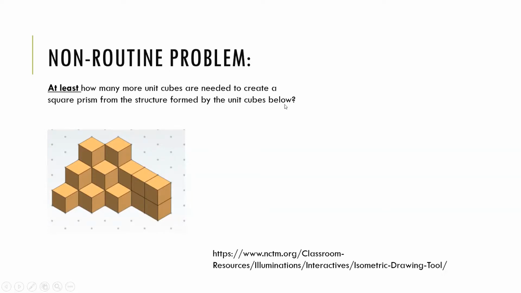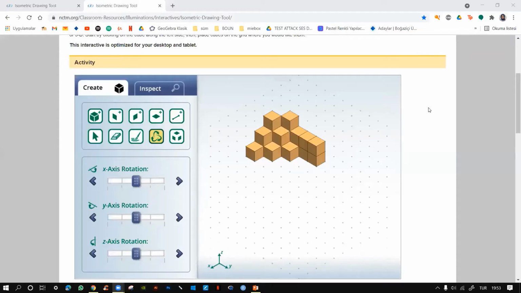Non-routine problem. At least how many more unit cubes are needed to create a square prism from the structure formed by unit cubes below? In the question, we see the same shape in the activity. We need some unit cubes to construct a square prism. First of all, we create a rectangular prism and then we should construct a square prism. Now we should look at the shape and decide how many unit cubes there are.